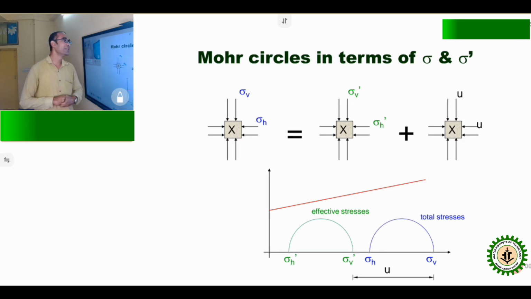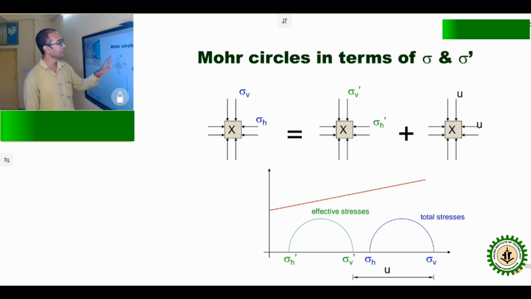Mohr circle in terms of sigma and sigma dash: sigma is the total normal stress, and sigma dash is the effective stress. The total stress equals effective stress plus pore water pressure.